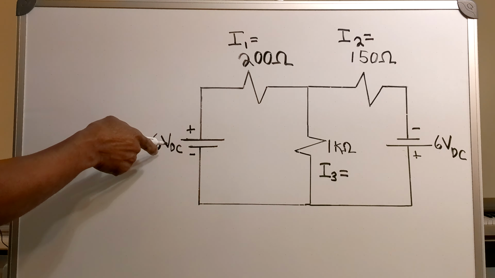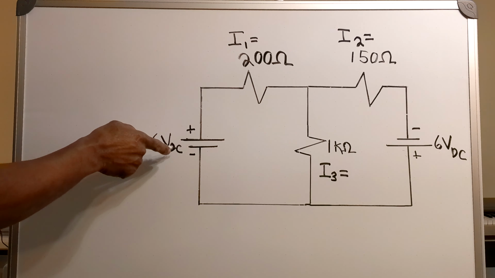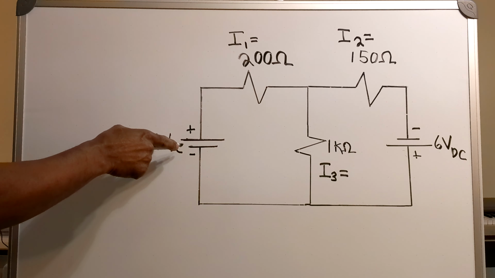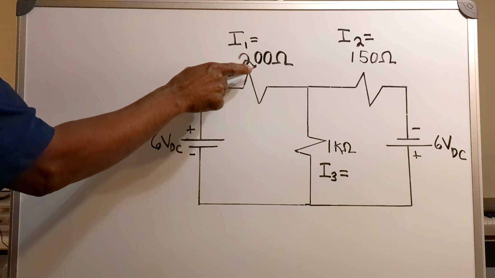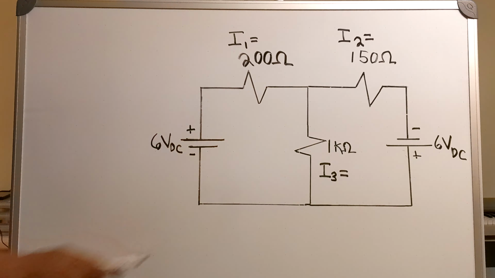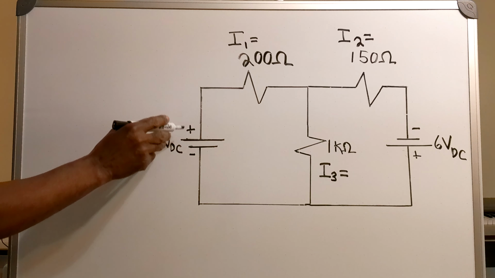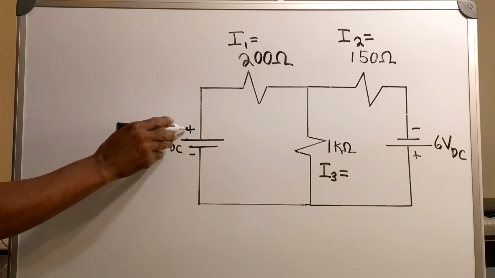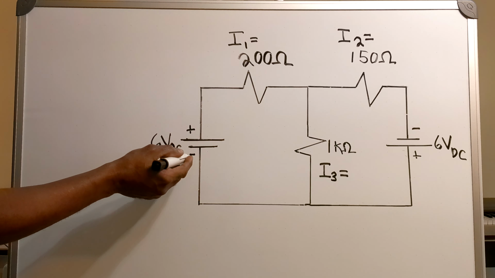Now in this video, I've got a 6-volt DC source on this side of my circuit in series with a 200 ohm resistor in series with a 1 k ohm resistor. This side is positive and this side is negative.